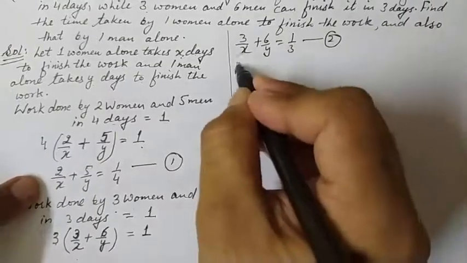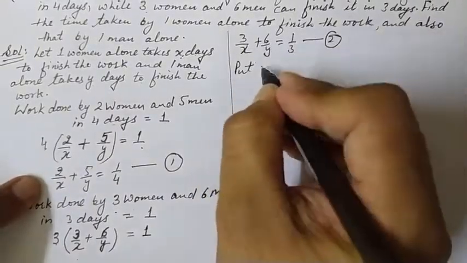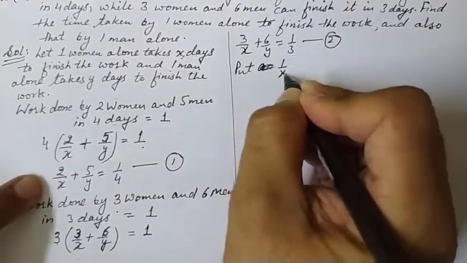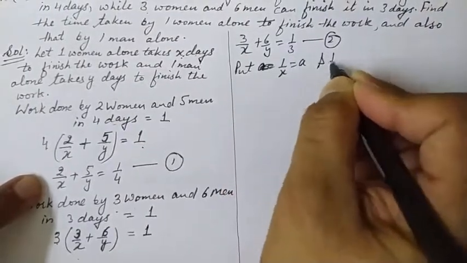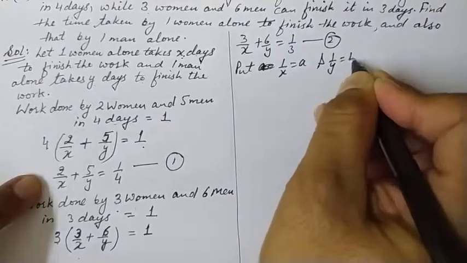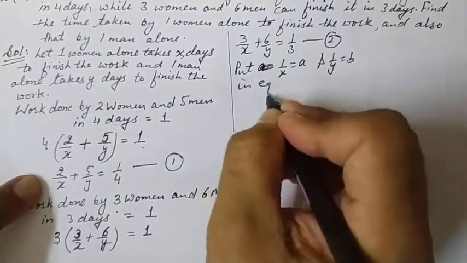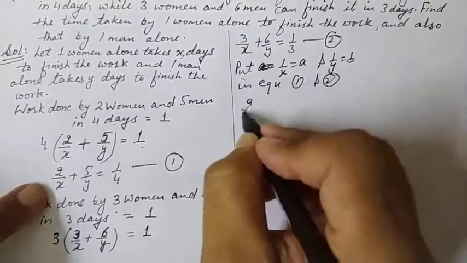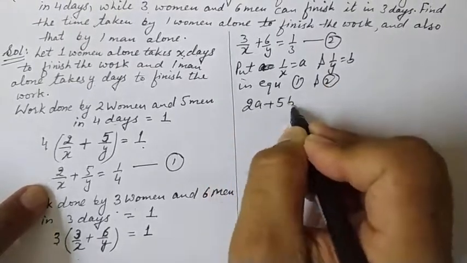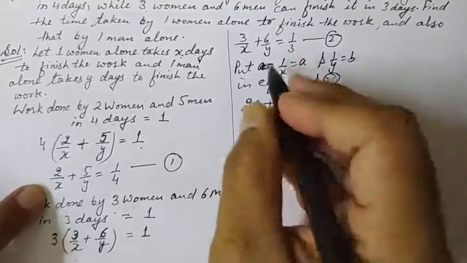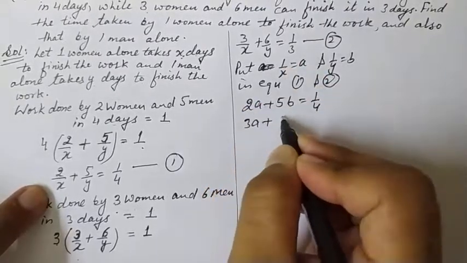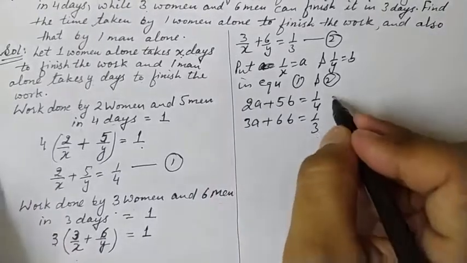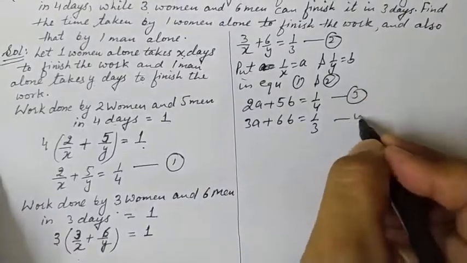So we'll put 1 by x is equal to a and 1 by y is equal to b in equations 1 and 2. So it becomes 2a plus 5b is equal to 1 by 4, and here 3a plus 6b is equal to 1 by 3. Now suppose this is equation 3 and this is equation 4.